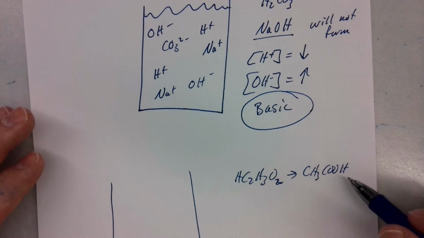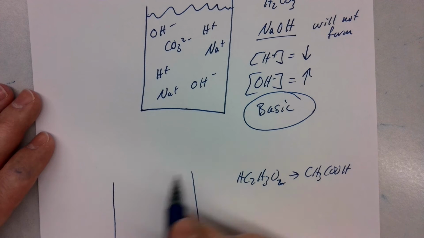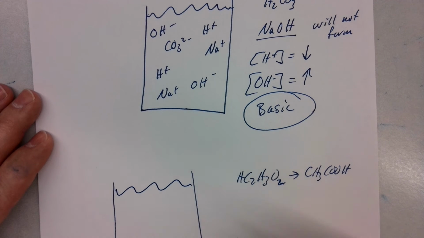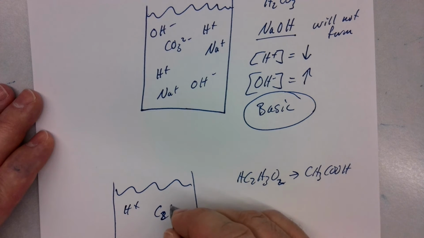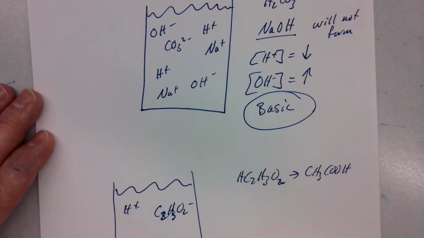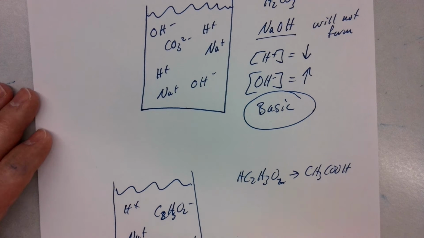Understand, in this beaker I'm going to have H positives and a whole bunch of C2H3O2 negative. And then I'll have some sodium in there as well, but the sodium doesn't matter, right?